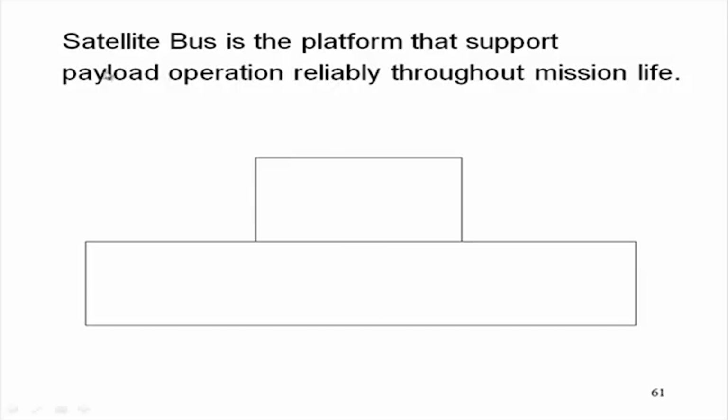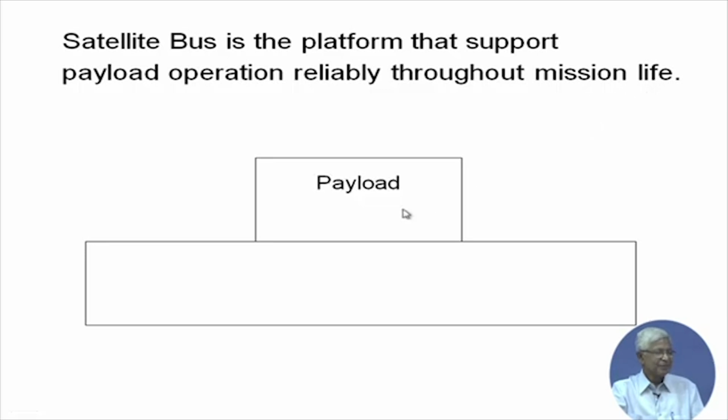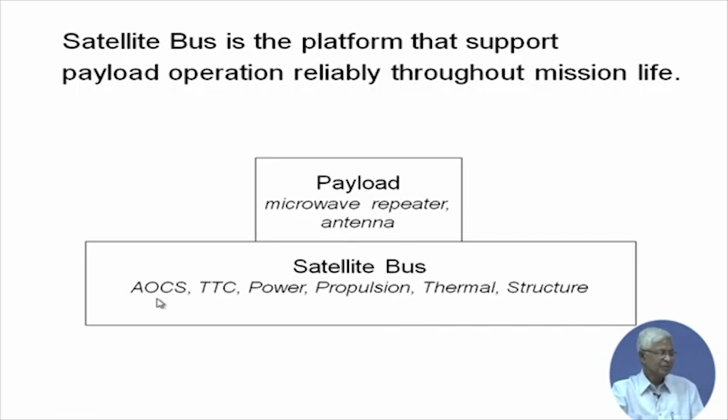Let us go back to that old diagram of ours: the satellite bus is the platform that supports the payload operation reliably throughout the mission life, and the payload will be the microwave repeater, mostly, and the antenna, and the satellite bus is AOCS, TTC, the power, propulsion, thermal and structure. Briefly we have gone through each of them, except propulsion we did not do much, we have taken it as part of AOCS, right.